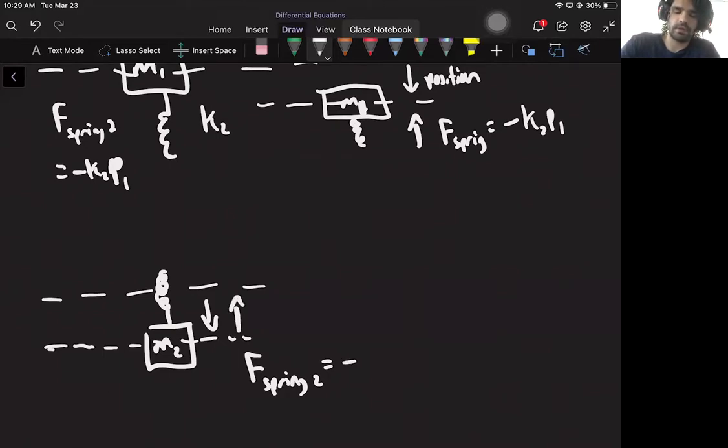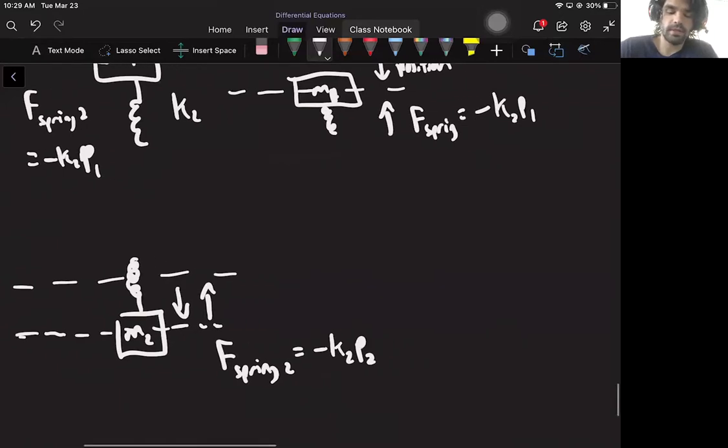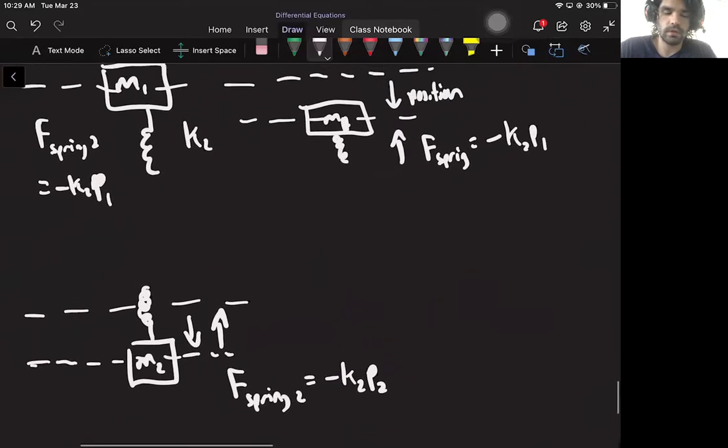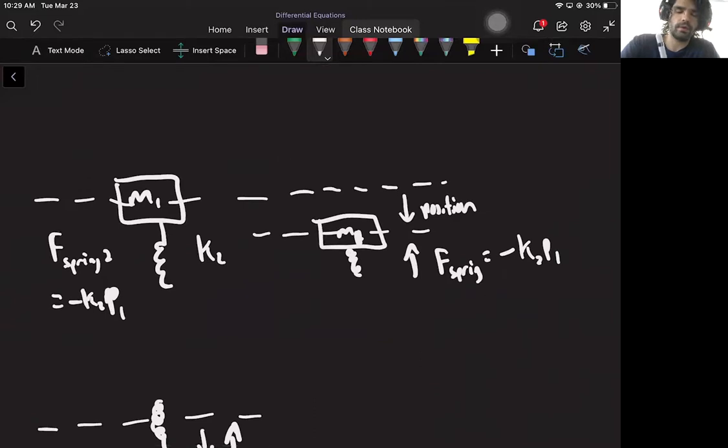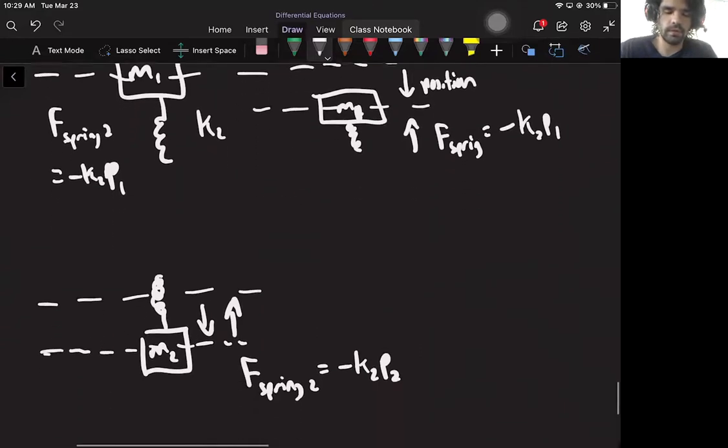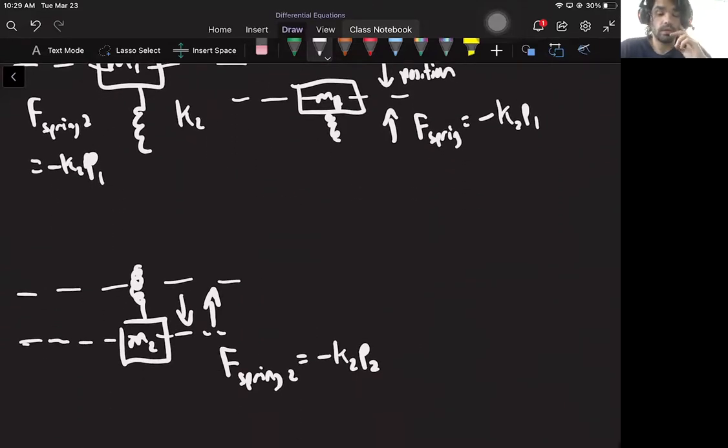And so again, it's negative K2, position of mass 2 this time, because I'm talking about mass 2. But the interesting part is because it's pushing back up, it's also pushing up on mass 1. So in the opposite direction.